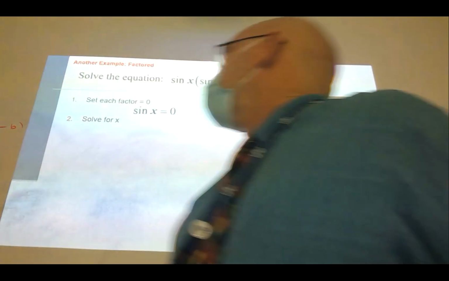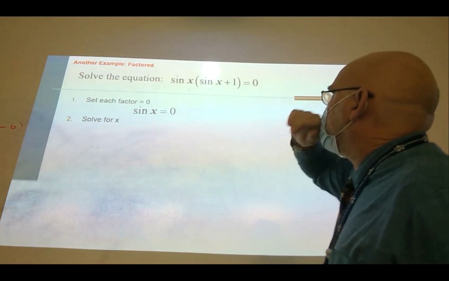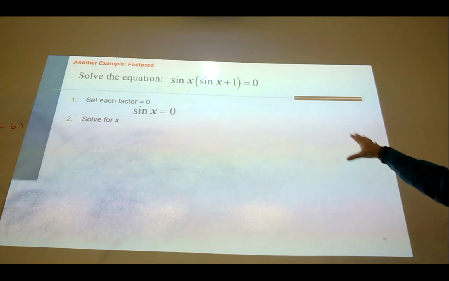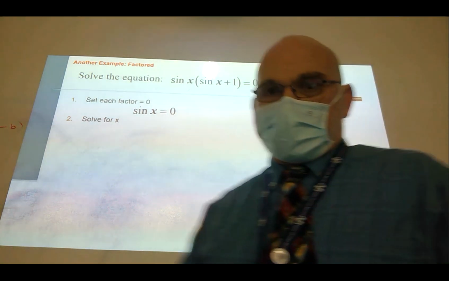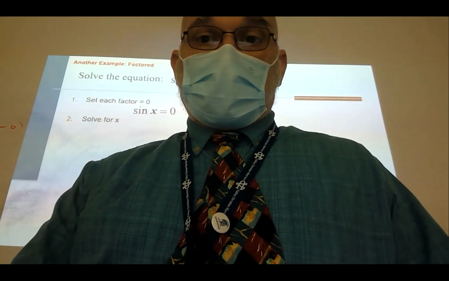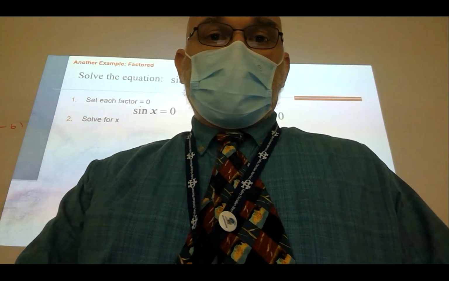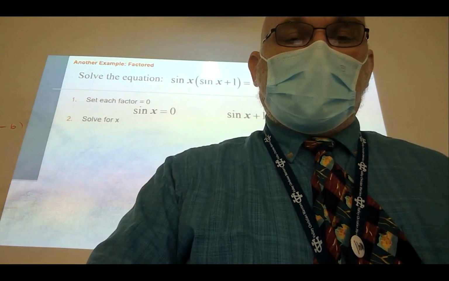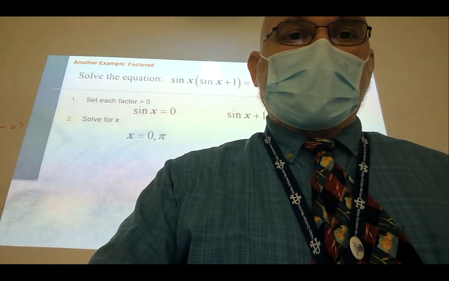I don't need to distribute or do any extra multiplication. I just want to look at each factor individually, just like we would with a polynomial. Set each one equal to 0 and solve for x.